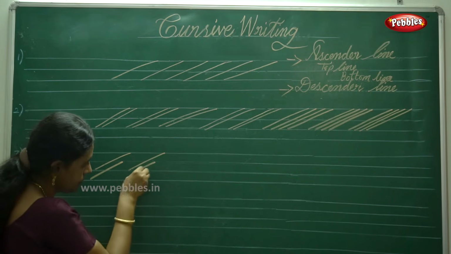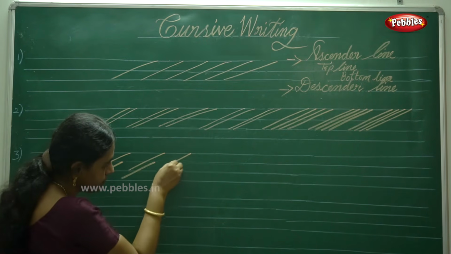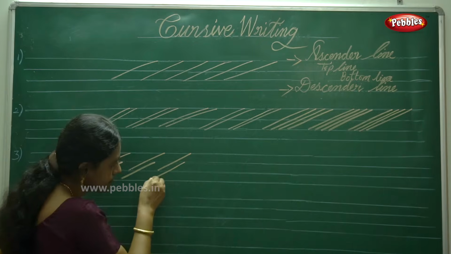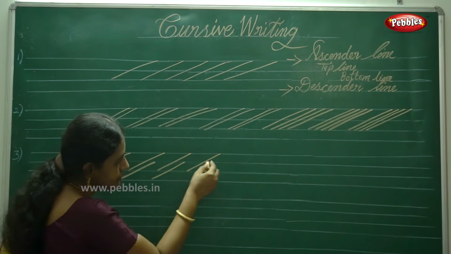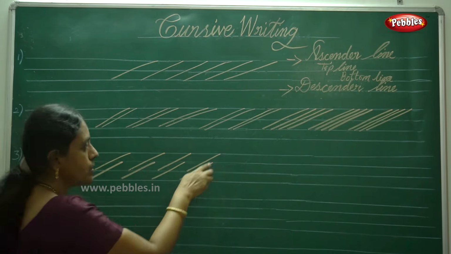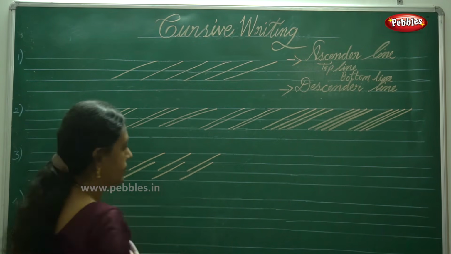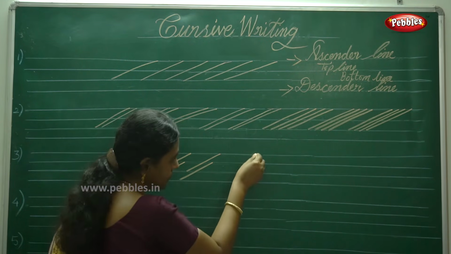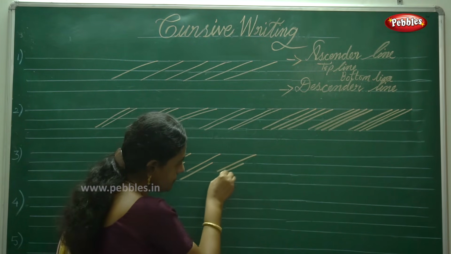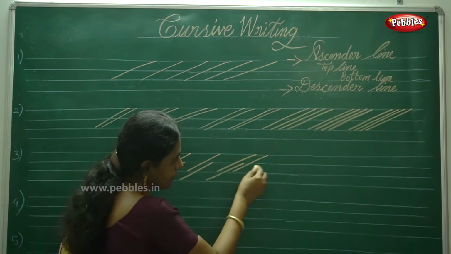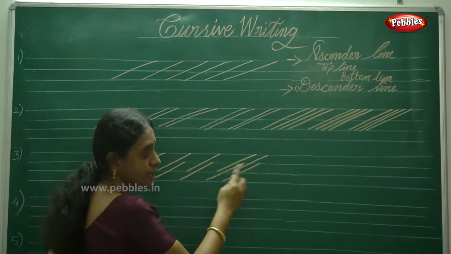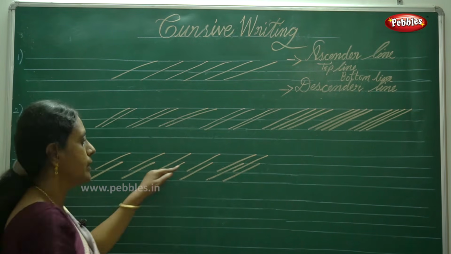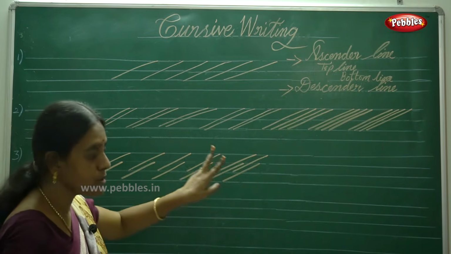Again we do this. Ascender to bottom, alternate. Then from this stroke again, you have to draw the same alternate stroke twice.